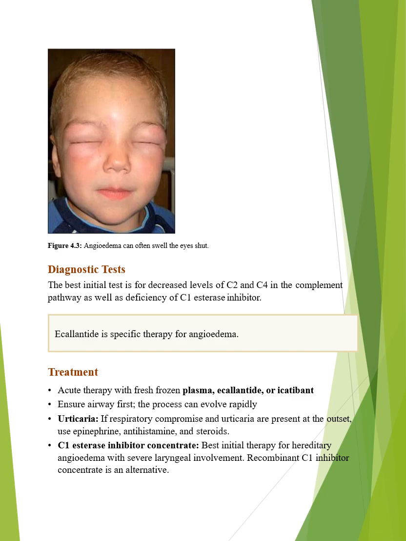Number three, if respiratory compromise or urticaria are present at the outset, use epinephrine, antihistamine, and steroids. And then number four, C1 esterase inhibitor concentrate, the best initial therapy for hereditary angioedema with severe laryngeal involvement. Recombinant C1 inhibitor concentrate is the alternative.